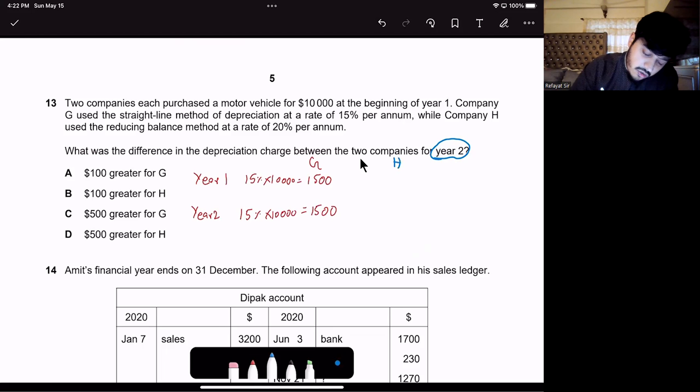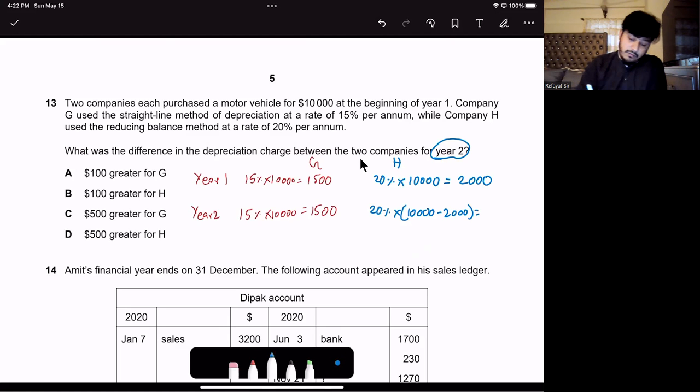For company H, it's 20% into cost, which is 10,000. That gives you $2,000. For year two, 20% of 10,000 minus 2,000, $1,600.